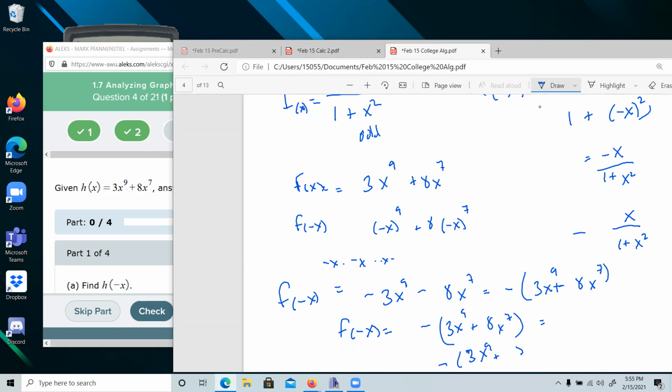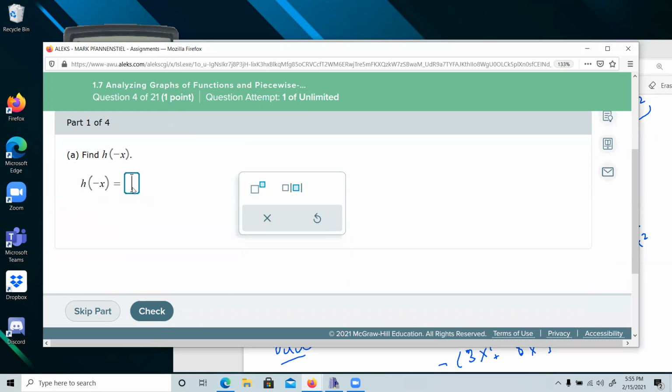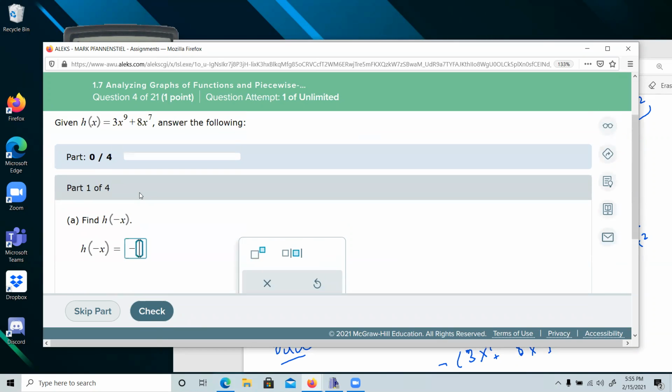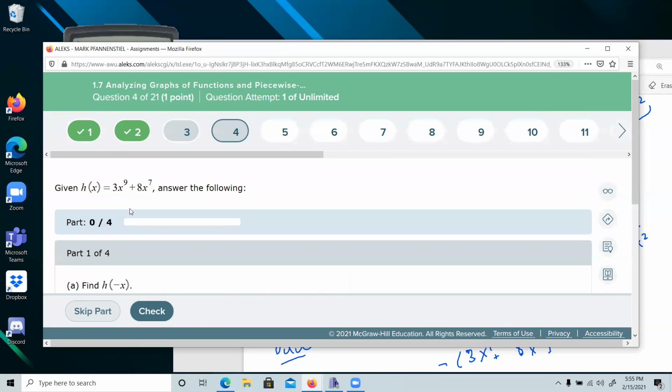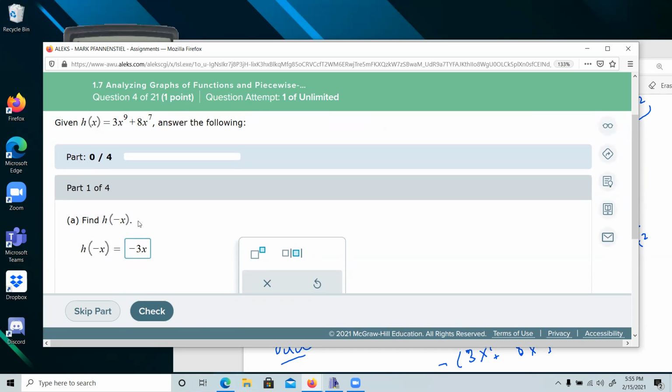3x to the 9th plus 8x to the 7th. This was equal to negative f of x. So we know this one is odd. All right. So we checked, and we said this is equal to negative, parentheses, 3x to the 9th minus 8x to the 7th.